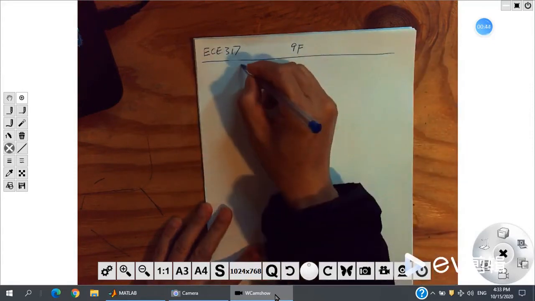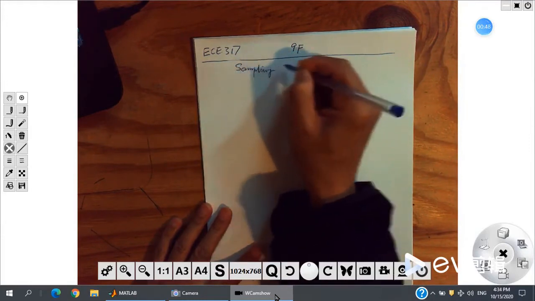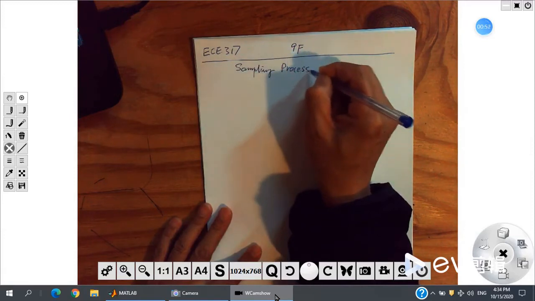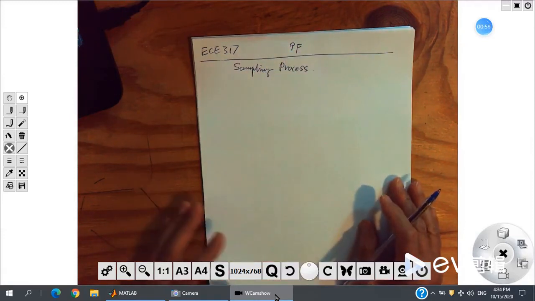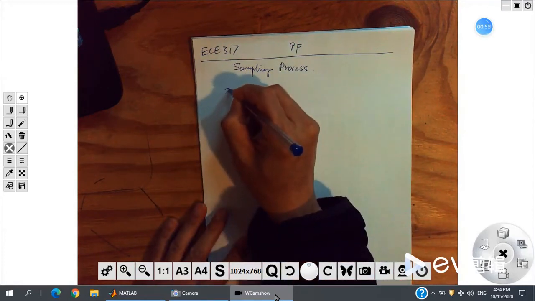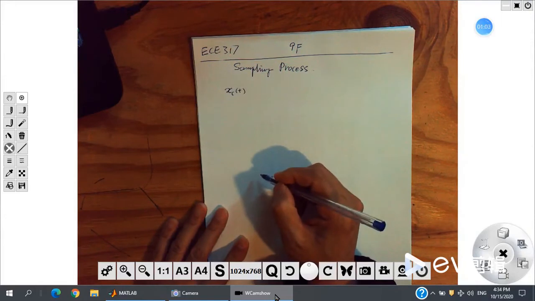So, the sampling process. In the time domain, this is a very simple thing. Suppose you have a xc of t. This is a continuous time signal, analog signal.